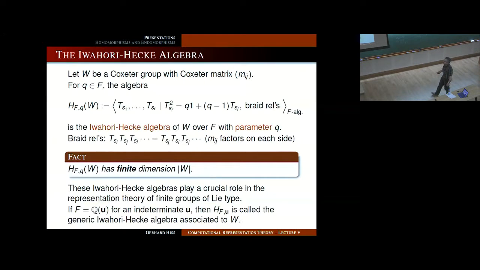And you can define them in a quite generic way. You can define them over a rational function field and take this parameter q as an indeterminate.